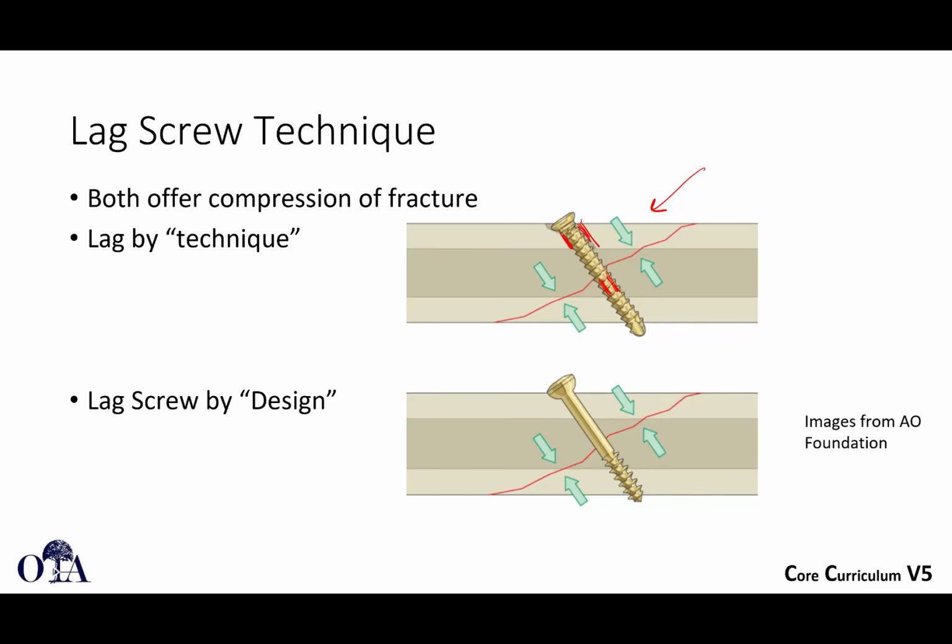So if this is a 3.5 millimeter screw, this is a 2.5 pilot hole, and this would be a 3.5 gliding hole. That allows you to generate compression with a screw like this, and that's called lag by technique. You could do the same thing by just placing a screw that's partially threaded. The screw engages here, it does not engage here, and you can achieve compression. But you still have to say, give me the partially threaded screw, or give me the fully threaded cortex screw and I'm going to perform a lag technique.